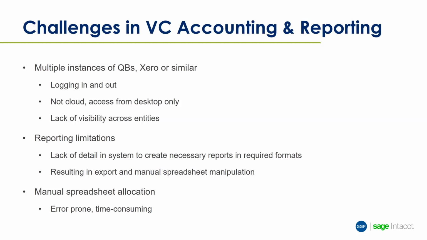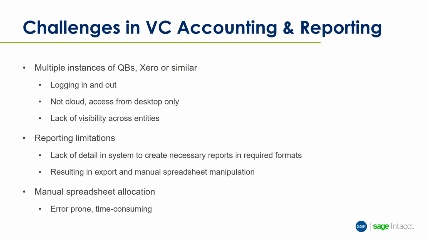And so that limits the accessibility to the systems and can cause issues where you can't access the system when you need to. Also, because of the multiple instances in QuickBooks and some of the other systems, there's a lack of visibility across multiple entities. You may want to take a look at performance across multiple funds and more of a consolidated view, and that's not possible if you're working with multiple instances, an instance for each of your particular entities.